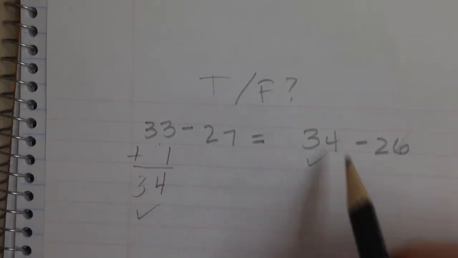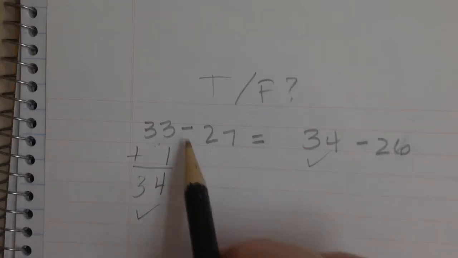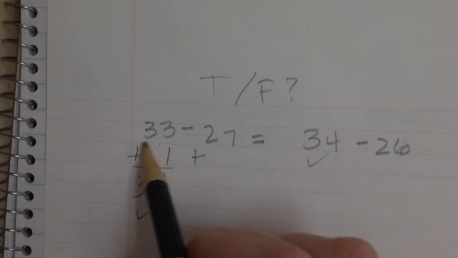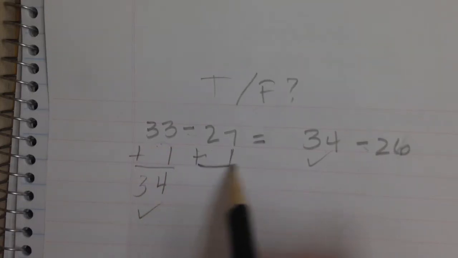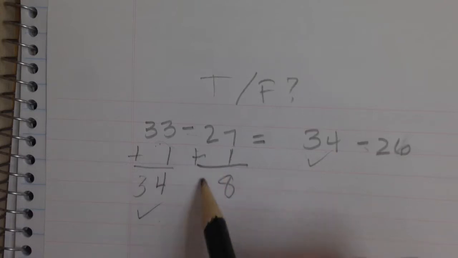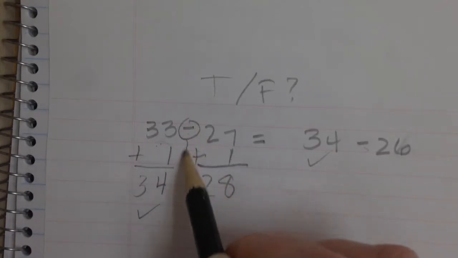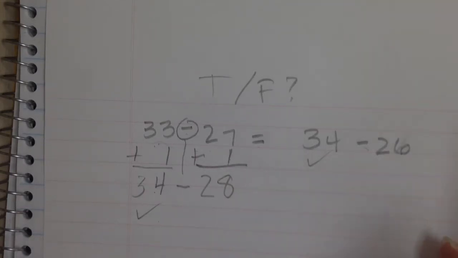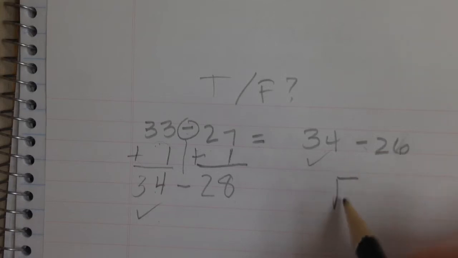Okay, so I've got 34. And since this is a subtraction expression, I have to do the same thing, adding 1 to this number here. Well, 7 and 1 makes 8. It's 28. Bring down the original symbol. Now it's 34 minus 28 is equal to 34 minus 26. So is this true or false? The answer is this is false.